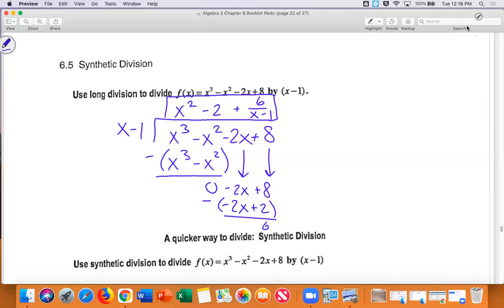So there will be some times where you cannot use synthetic division. If I wanted you to do long division for a problem, I say just divide, and I didn't really care which method you were doing, but I secretly wanted you to do long division.